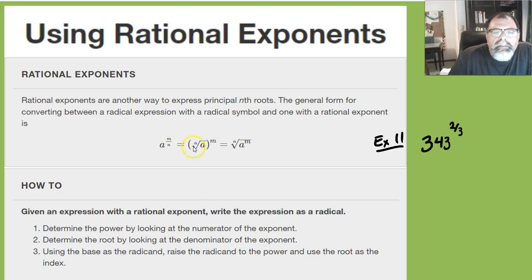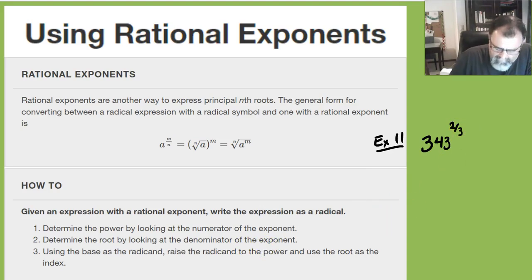So let's look at example 11 here. We're going to determine the power by looking at the numerator. So the power is 2. And then determine the root by looking at the denominator, the index of the root, I should say. So the index would be the denominator.